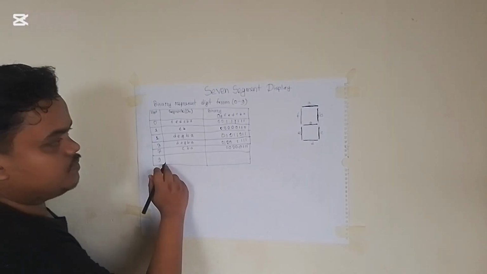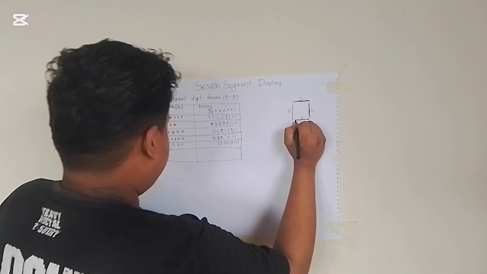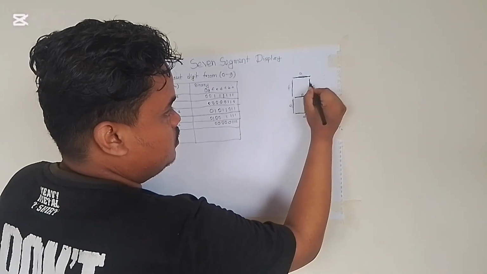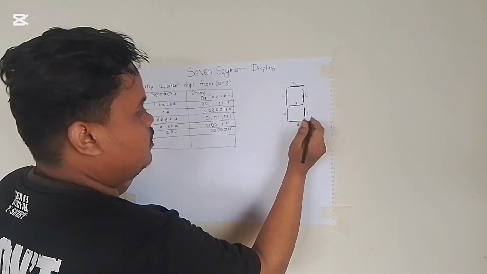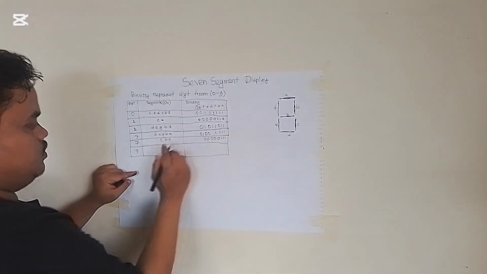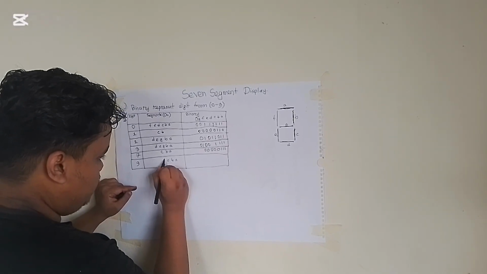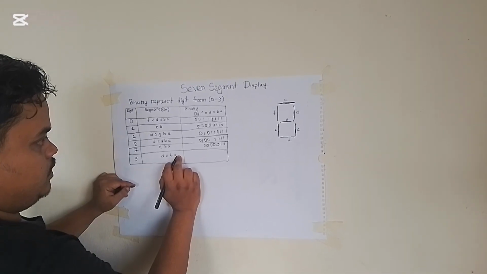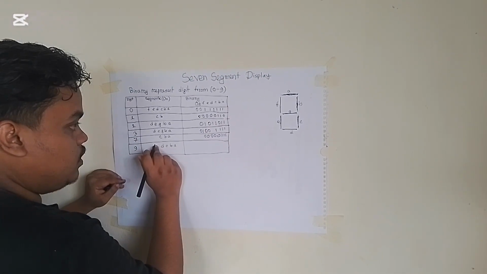Find for 9. Here for 9, G segment is on, F segment is on, A segment is on, B segment is on, C segment is on, D segment is on, and here only E segment is off. So we write here A, B, C, D, E. Only E segment is off.